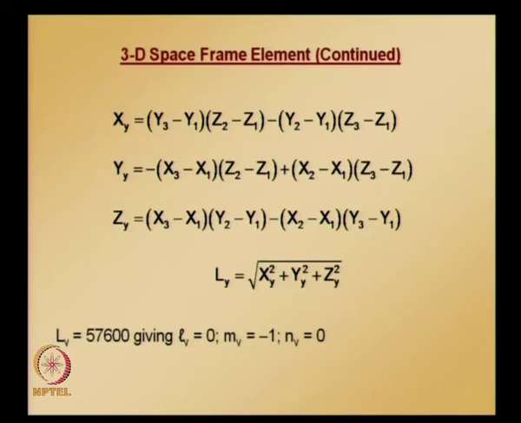So, now we got the local y axis. The cross product of local x axis and local y axis gives us the local z axis.